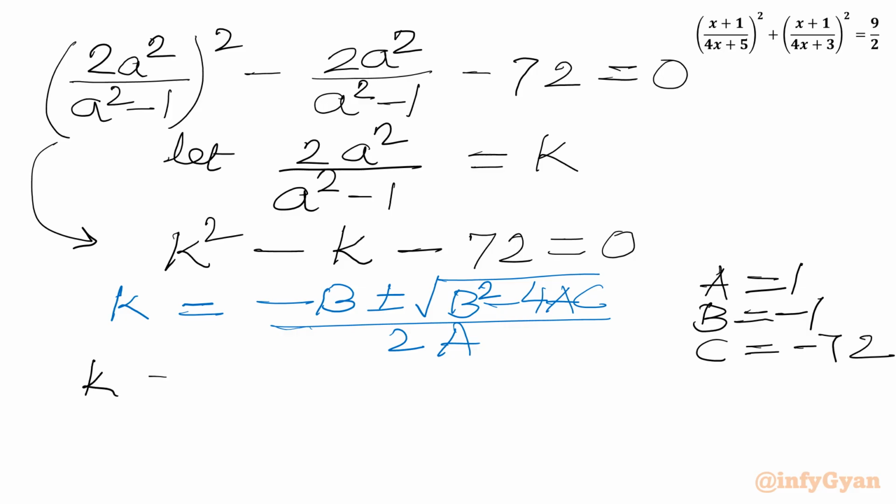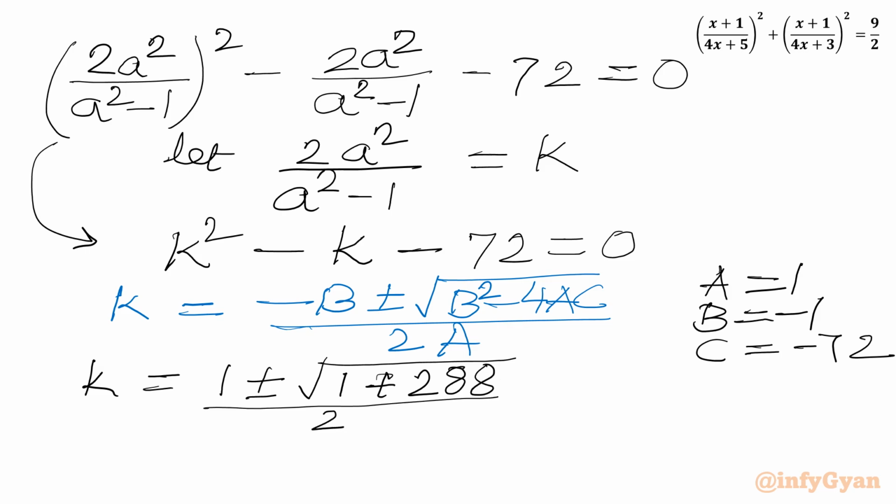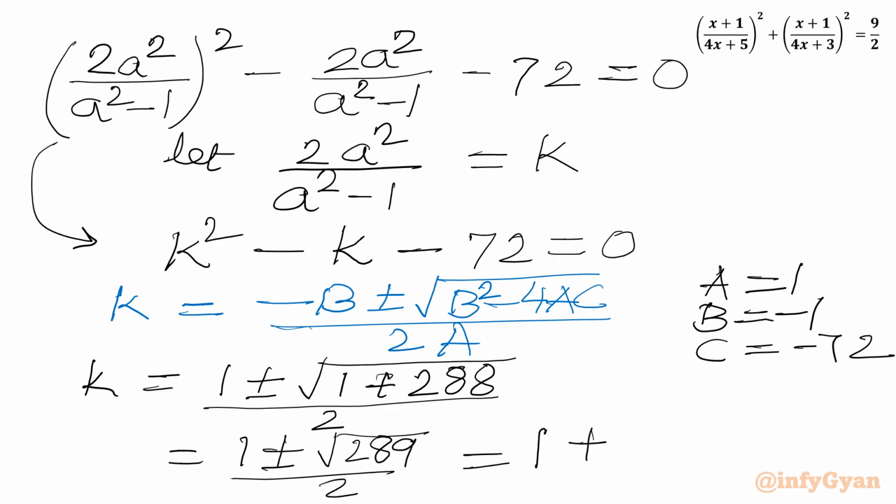So k will be equal to 1 ± square root of (−1)² which is 1, minus 4 times 1 times −72, which will give us plus 288, over 2 times 1, so 2. Or we will get 1 ± square root 289 over 2. This will be equal to 1 ± 17 over 2.